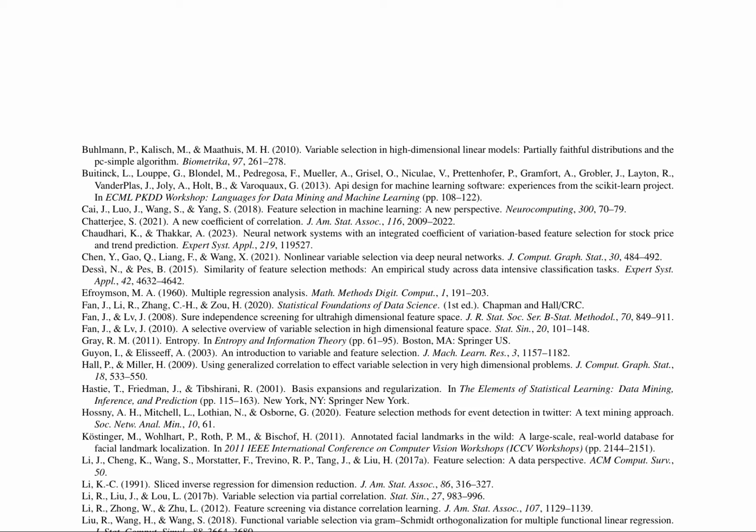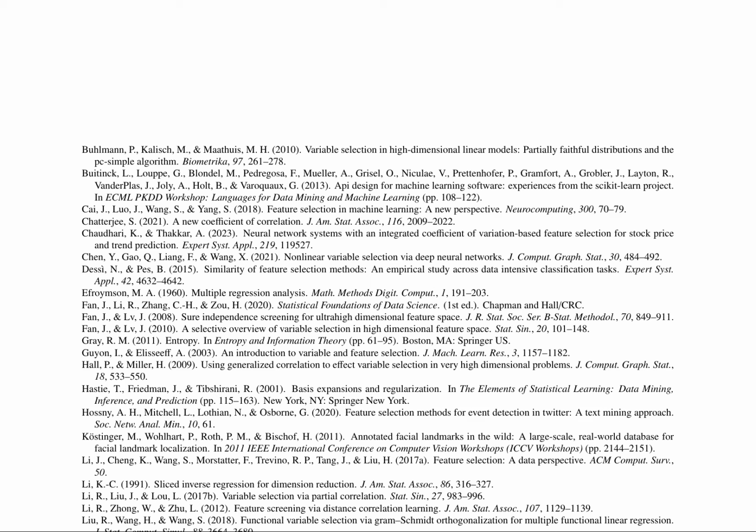Feature selection is a crucial step in high-dimensional data analysis, as it enables the identification of relevant variables that underlie complex phenomena. The importance of feature selection lies in its ability to reduce dimensionality, eliminate noisy or irrelevant features, and improve model interpretability. Several techniques have been developed to address the challenges of feature selection in high-dimensional data.